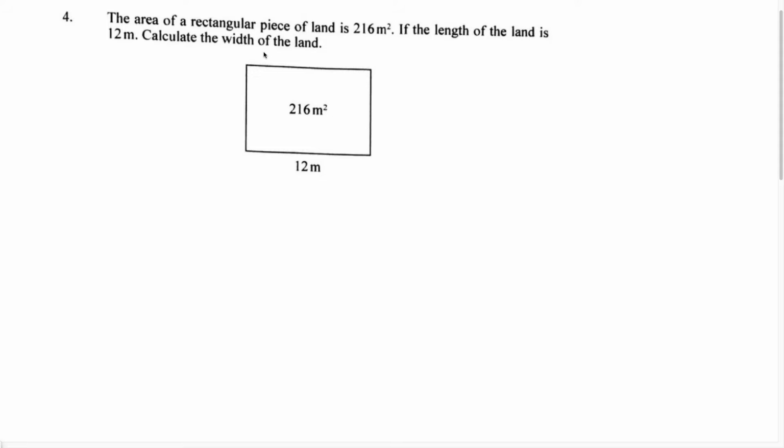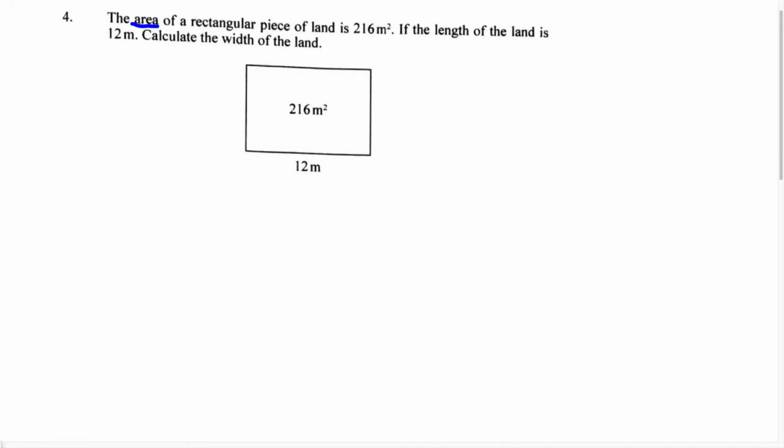When we look at this word problem, it is important that we understand what the question is telling us and what it is asking from us. Therefore, anytime you have a word problem, please read it more than once. Now this question says the area. So this word right here, area, is very important. We know anytime we're dealing with the area, we're always going to use a formula.